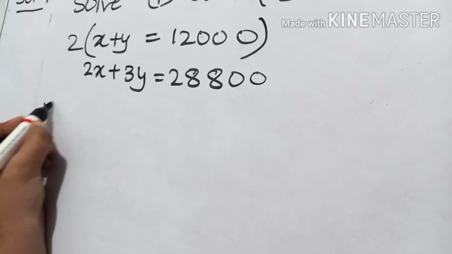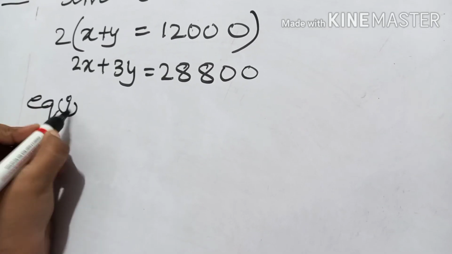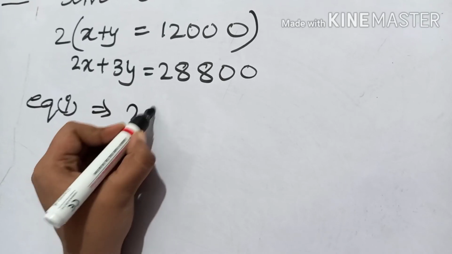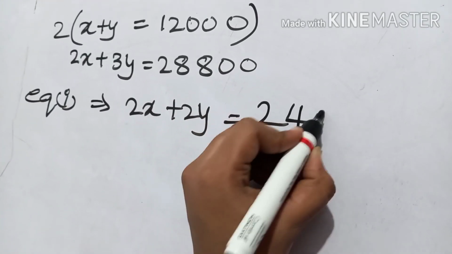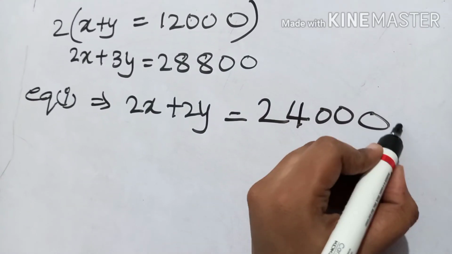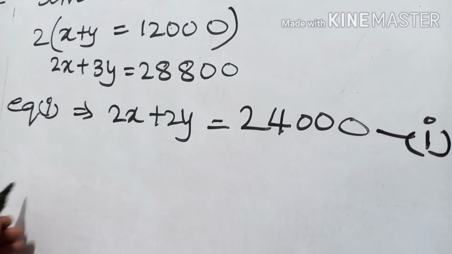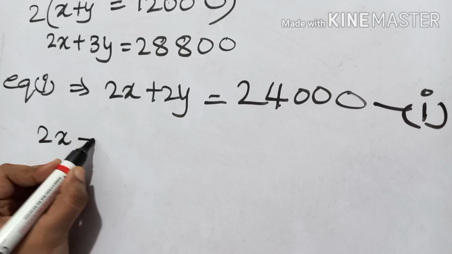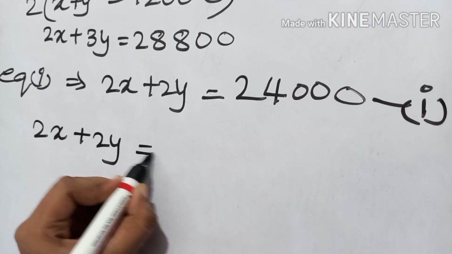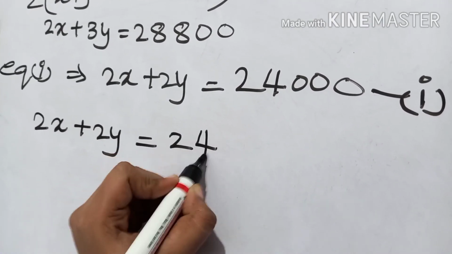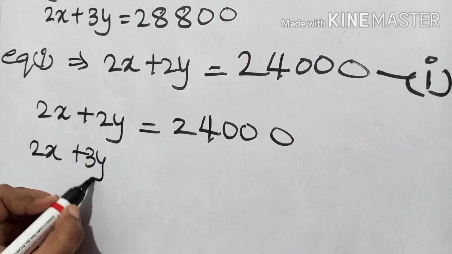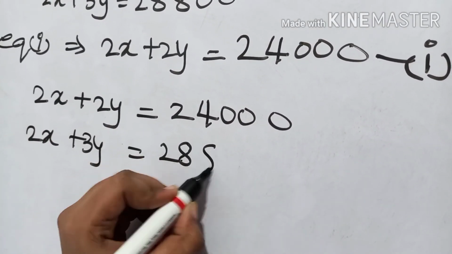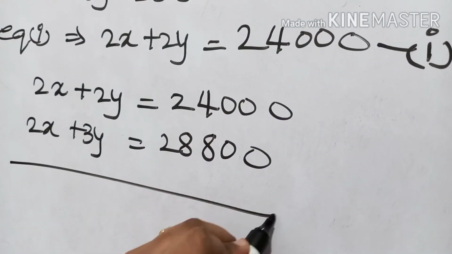So we are going to get equation 1 as 2x plus 2y is equal to 24,000. Now this will be our equation 1. Solving equation 1 and 2, 2x plus 2y is 24,000 and 2x plus 3y is 28,800.